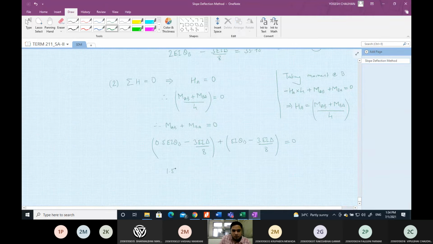So it will be 1.5 EI theta B equals 3 EI delta by 4.